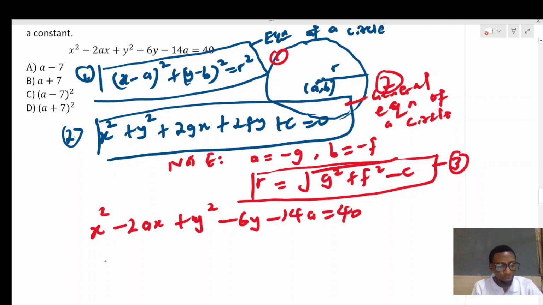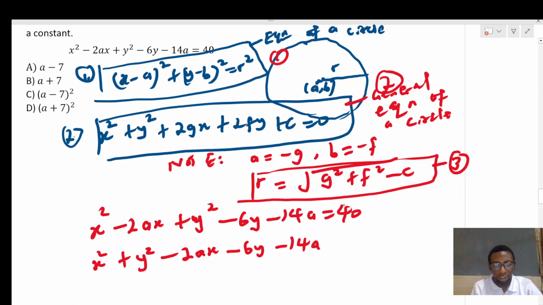So if I arrange, I will have x squared plus y squared minus 2ax minus 6y minus 14a.